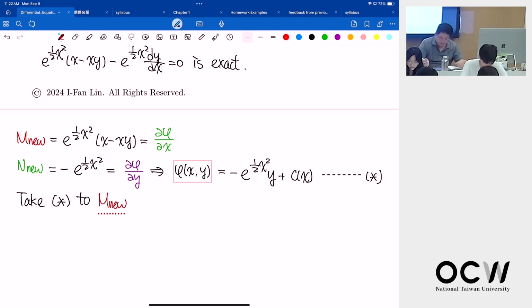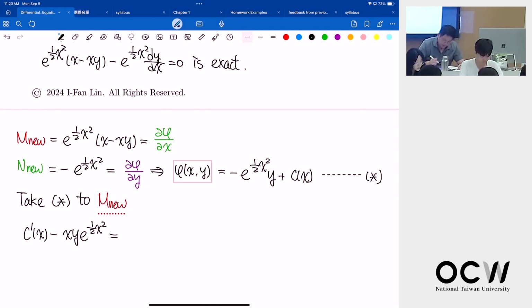So partial phi over partial x, you have c prime minus xy e to the 1/2 times x squared.